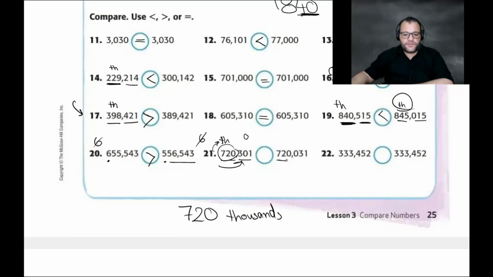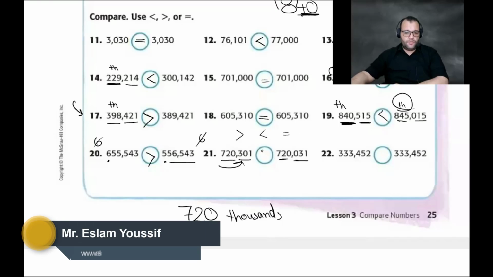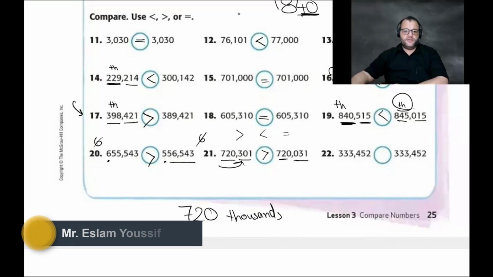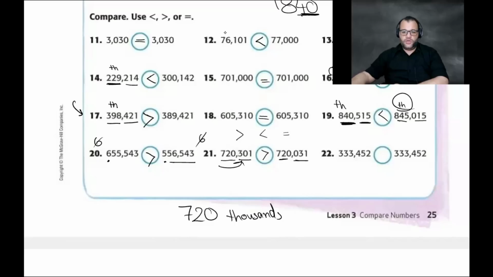And the other part? 720,000. 31. So can you compare between them? Bigger than, smaller than, or equal? Bigger than. Okay, that's right. Bigger than. Yes, thanks.